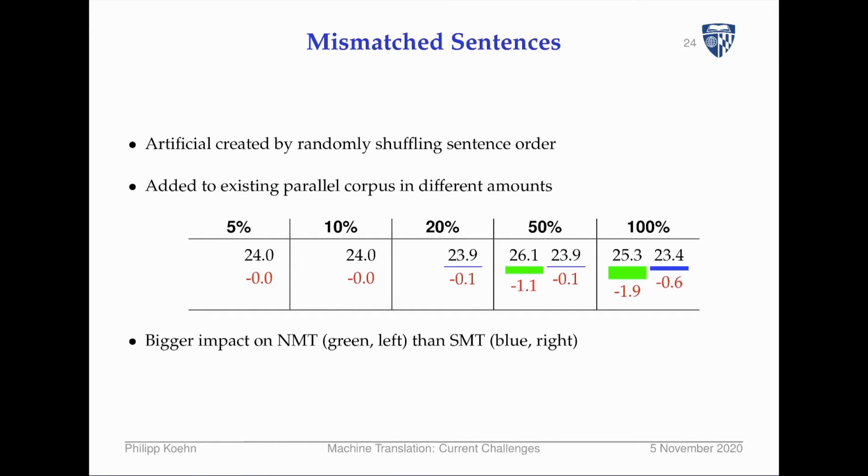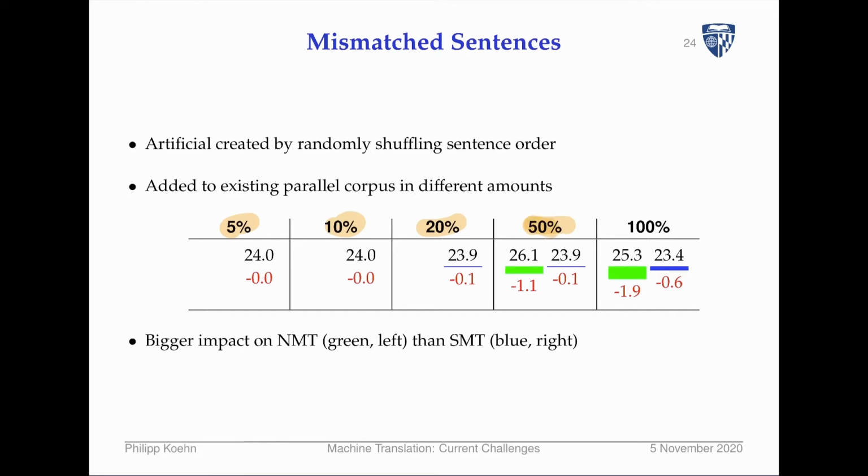So we basically tested these different kinds of noises and see how much they actually hurt performance. We're going to do the same thing here again. We keep the clean data as we have it, and we add additional noisy data, and we're just going to add different kinds of noise. So we add 5%, 10%, and 20% of sentences where the source and the target are shuffled, and then see the impact on translation quality.